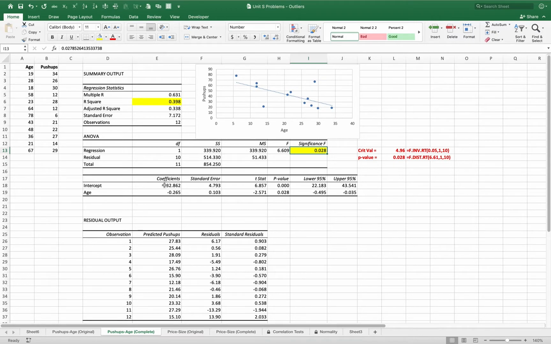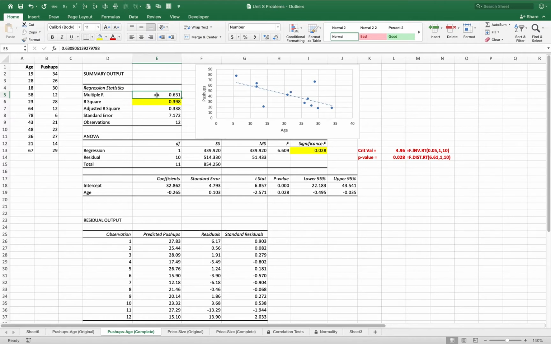Before we go down here, I just want to go back up here and say, if you took the square root of R squared, and this only works when you have one x variable, so for a simple linear regression, if you have more than one x variable, then it's not quite the same because there is a correlation between each pairing of variables. But this guy here, you probably recognize this.